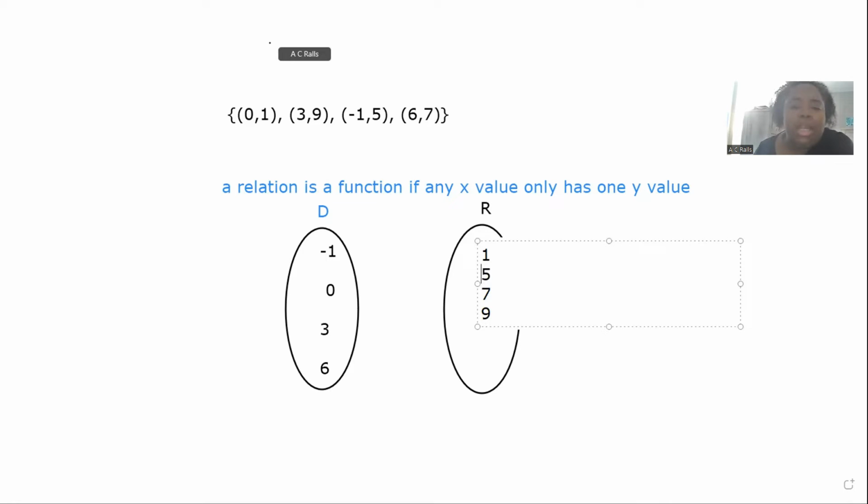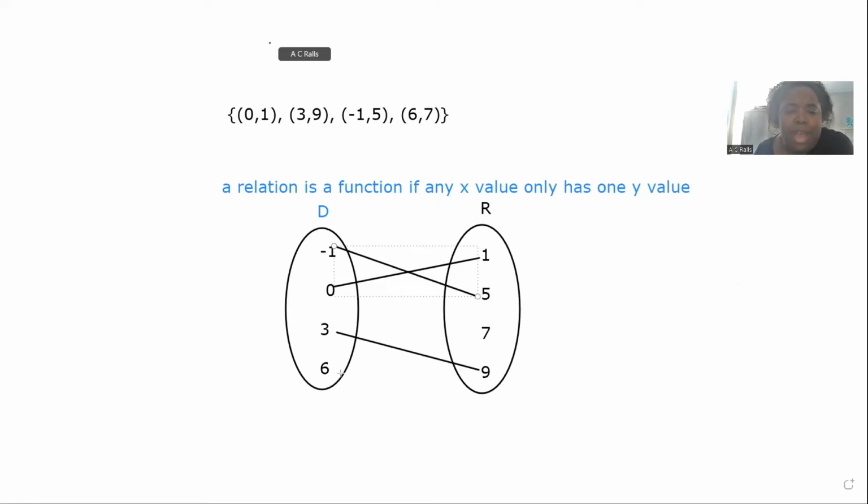And when you map them together, all that has to do with is drawing a line. So 0 was paired with 1, 3 was paired with 9, -1 was paired with 5, and 6 was paired with 7. So you ask yourself, is this a function or not? The answer would be yes, because each one of these domains only have one line coming from it.